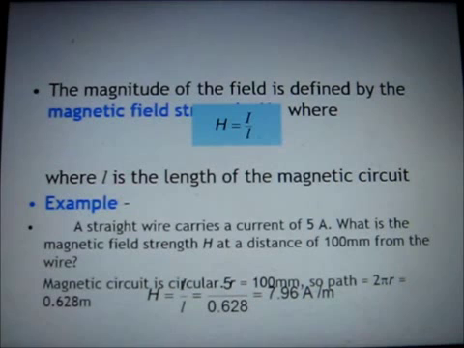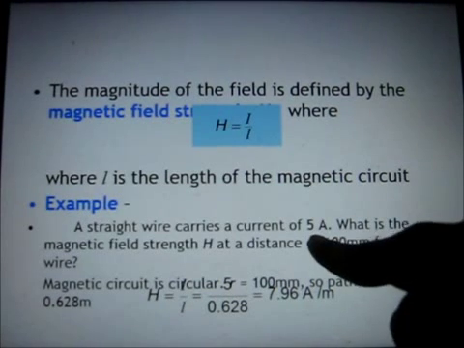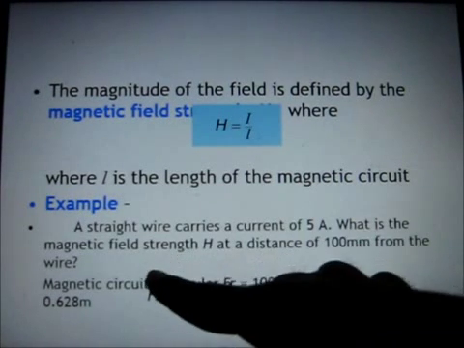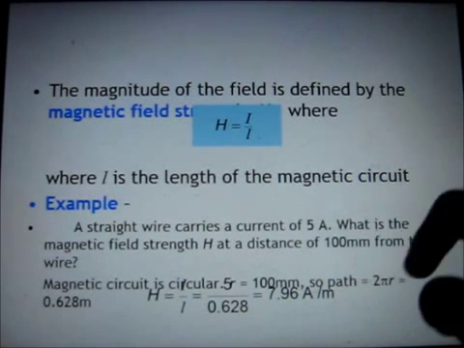Now, the magnitude of the field is defined by the magnetic field strength, H. H is the net current I divided by L, the length of the magnetic circuit. For example, let us see one question. A straight wire carries a current of 5 ampere. Find the magnetic field strength H at a distance of 100 millimeter. So current is given, and L is given.